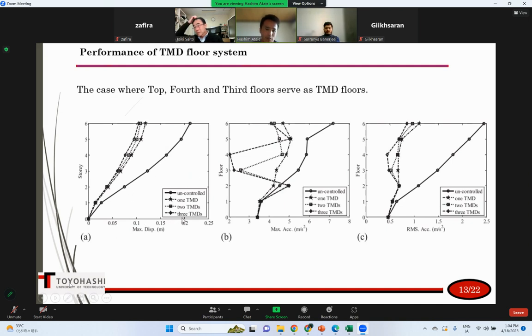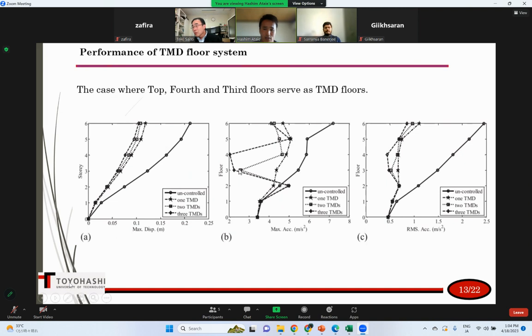So in this case, also, when three floors are considered as the TMD floor system, it gives better results than when one or two are considered, compared to the uncontrolled building.